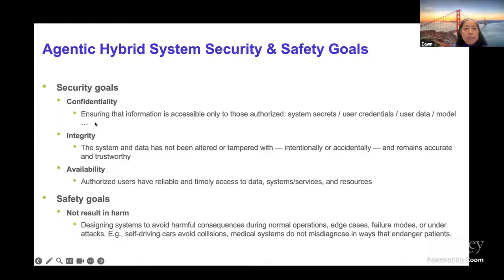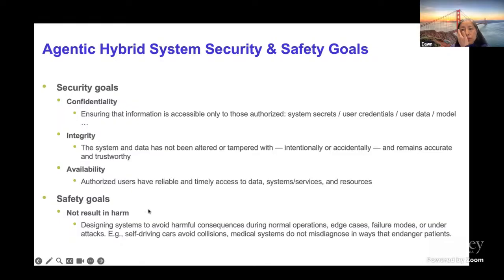Again, as I mentioned earlier, the security goals for the agentic hybrid system are to protect the system itself from attacks and exploits from external malicious attackers, outside of the system. And for the safety goals, essentially we need to ensure that the agentic hybrid system does not harm the external world.